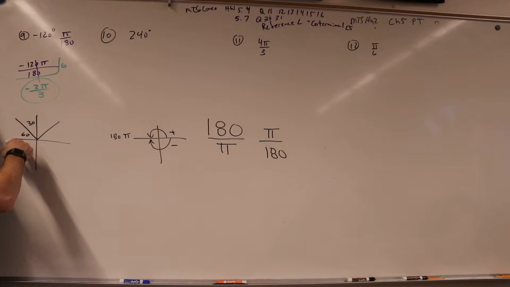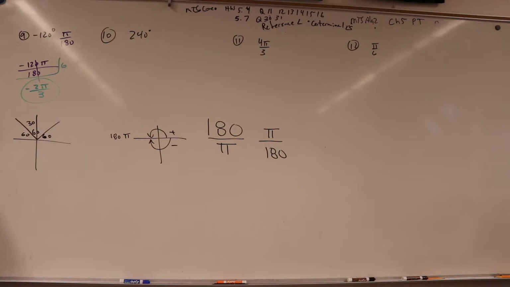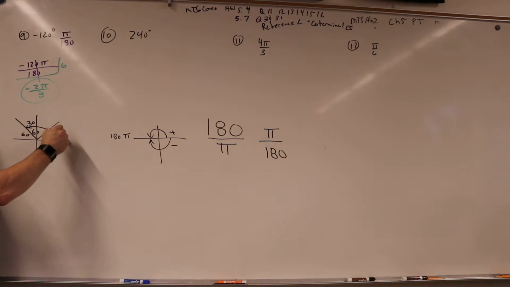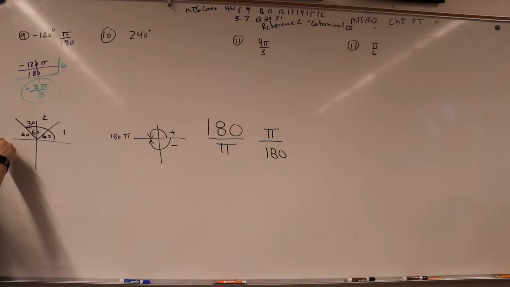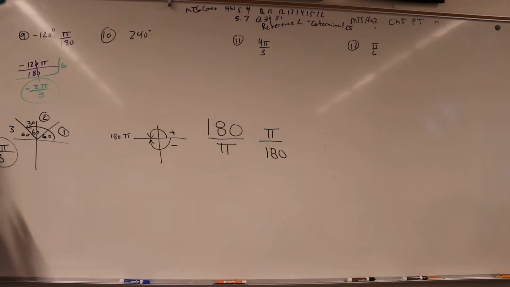So in essence, this is 60, 60, and 60. That's how many in 180. And if we think about it, this is 1, 2. So it's 2 pi over how many pieces? It's 1, 2 out of 3. And that's why it's 2 pi out of 3.